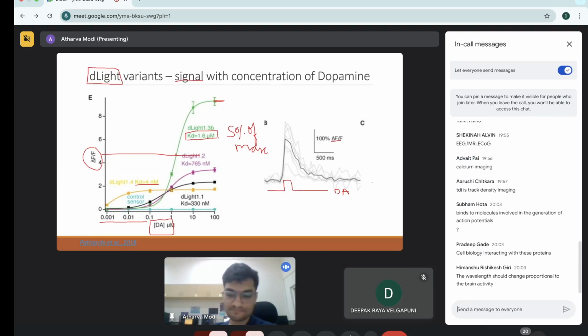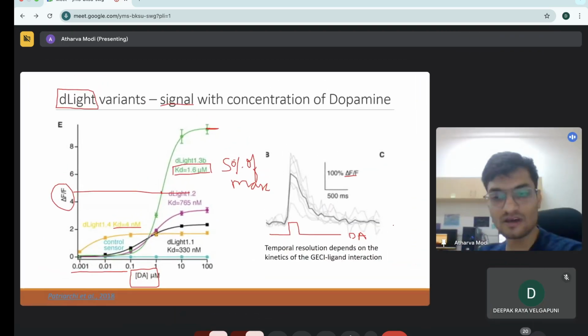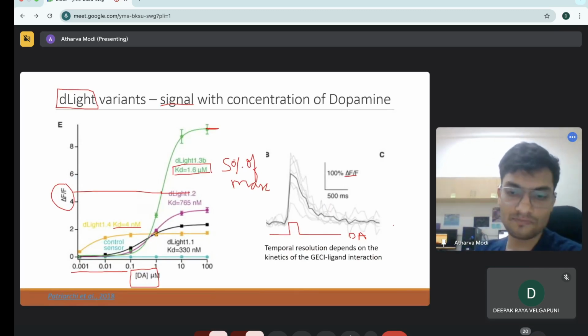Okay, so basically it depends on the kinetics of the indicator and ligand interaction. If kinetics are fast, it shows a very fast rise time and a fast fall time also.